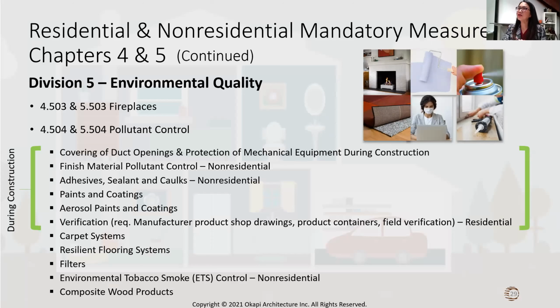Division 5 is all about indoor air quality. There are two things in indoor air quality. First, protecting your buildings during construction, such as covering your duct openings. Then use low VOC paint and materials, which you should specify in your spec again, so make sure it's followed.